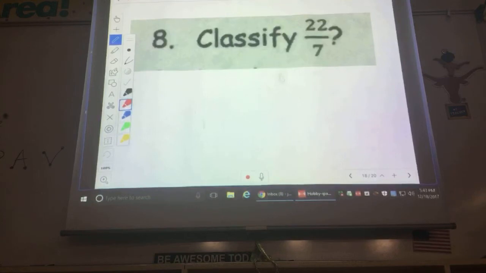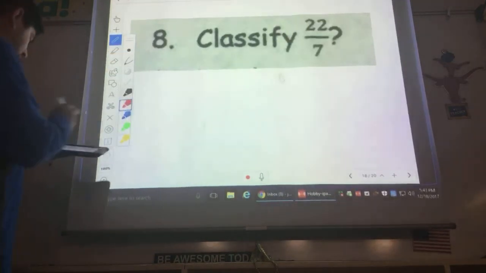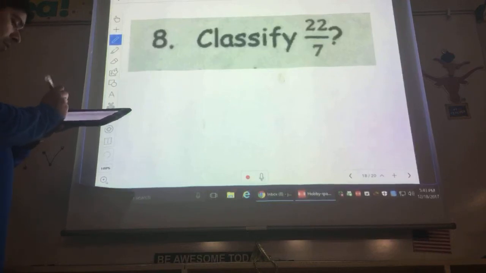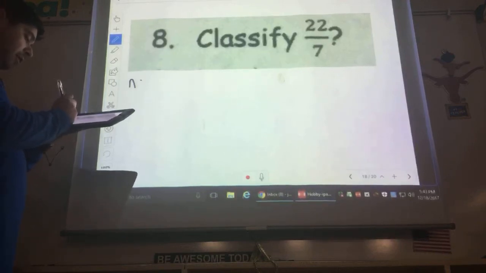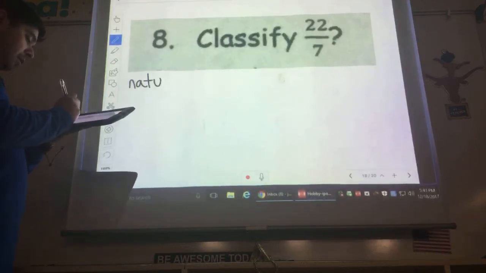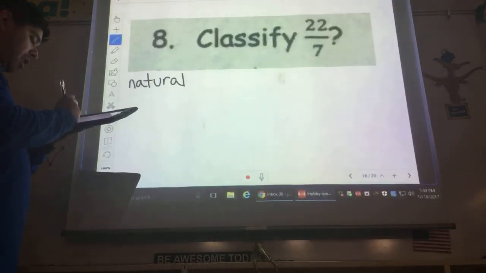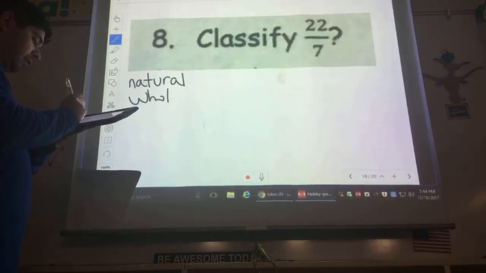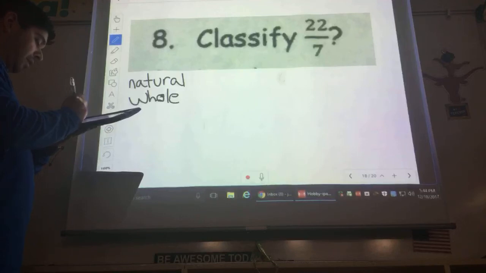Number 8, classify 22 over 7. So it's been a while since we've done this. So classify. Remember, we've got natural numbers. We've got whole numbers. We've got integers.